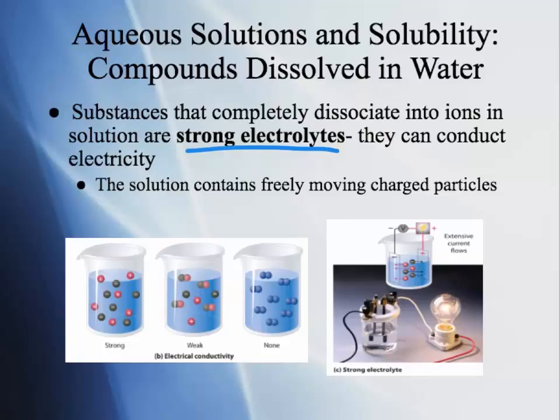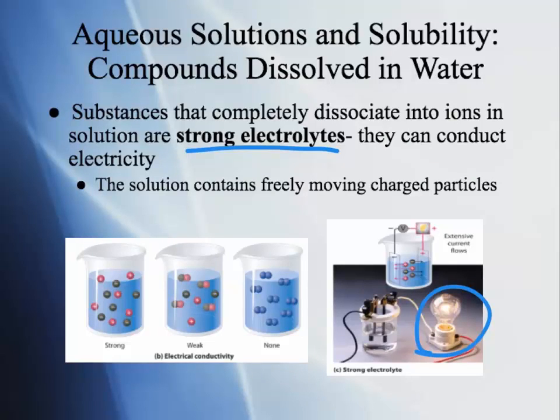So solutions that contain free moving particles, like these strong electrolytes, these substances that dissociate in water, are going to be able to conduct electricity. So if you stick a light bulb in there with some leads in it, the light bulb will definitely light up.